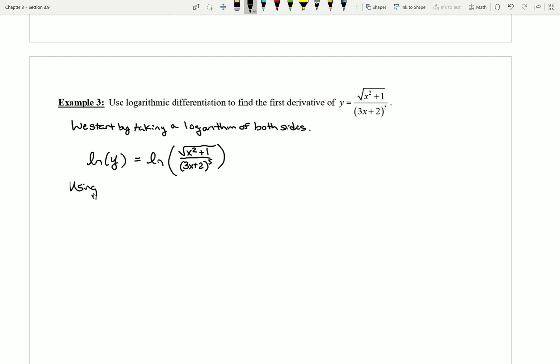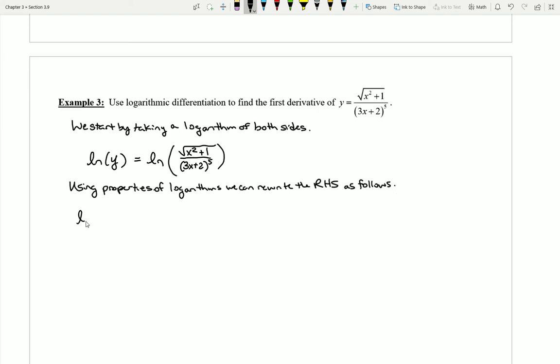So I'll write here that using properties of logarithms, we can rewrite the right-hand side, this is a common abbreviation for right-hand side, as follows.